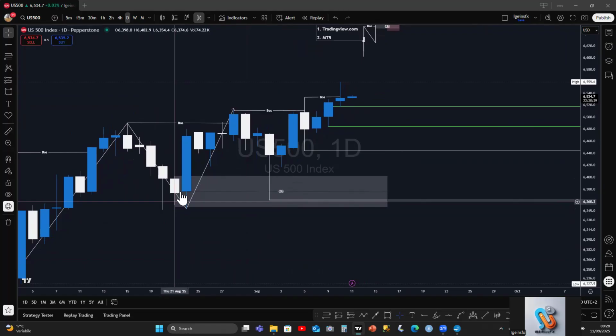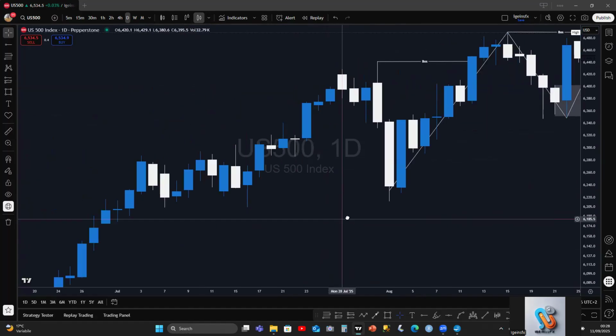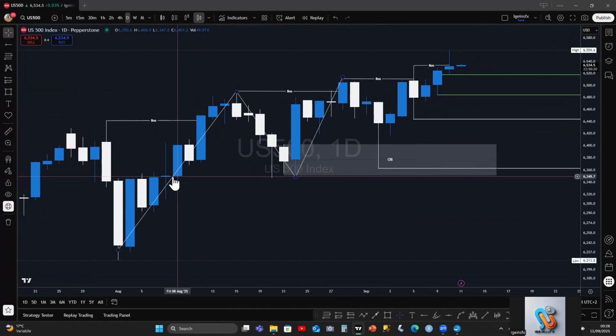All right, and that push should create another high, a price that is higher than the previous high, breaking structure. So it's like this.